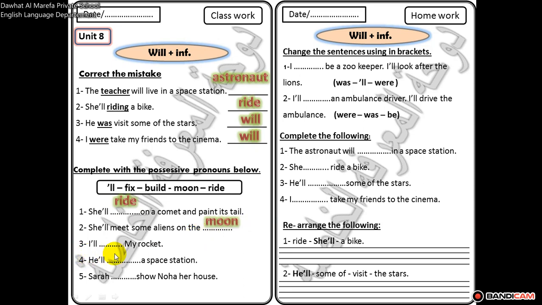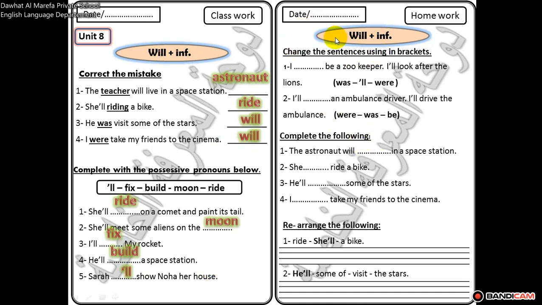I'll fix my rocket. He will build a space station. Sarah will show Noah her house.